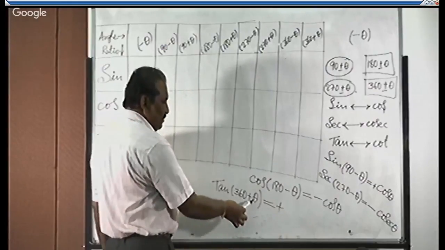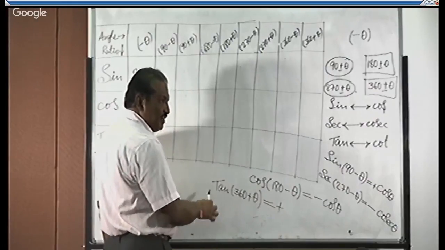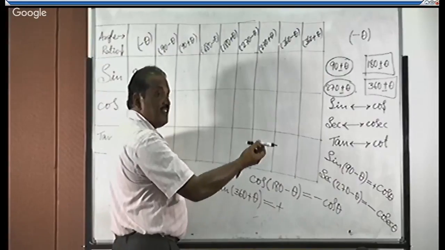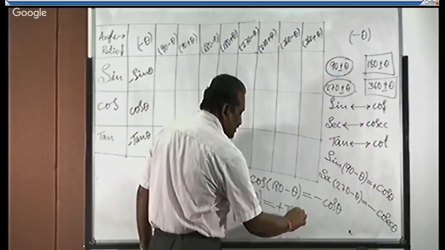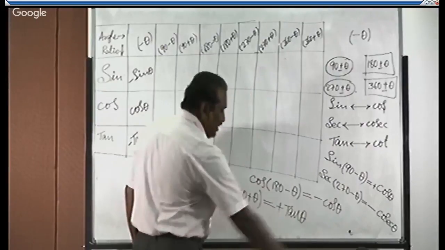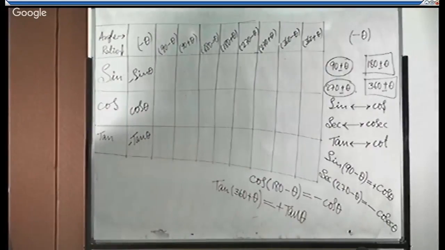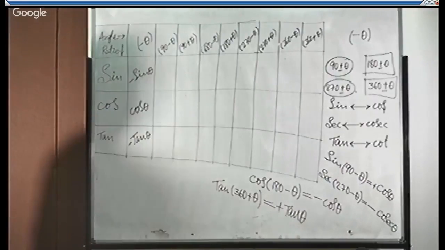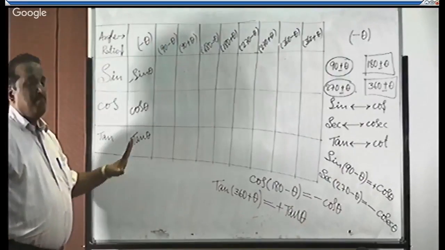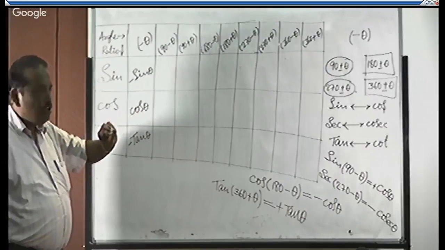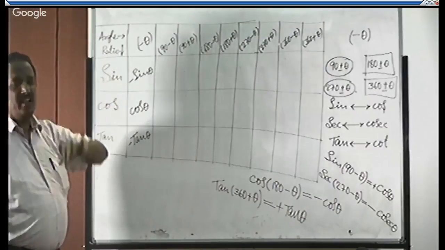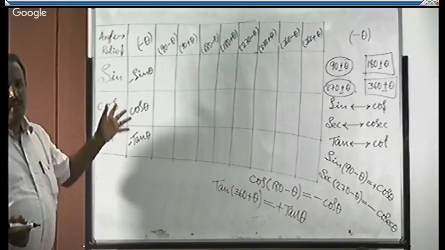So when 360 plus theta is connected to any function, the same trigonometric function results on the right hand side. Therefore, tan of 360 plus theta is simply equal to plus tan theta. So please try to remember and practice this convention. It will help you remember successfully any number of formulae on the allied angles.